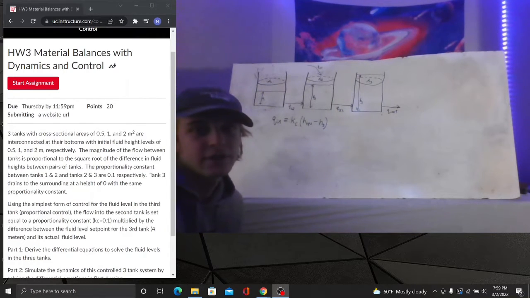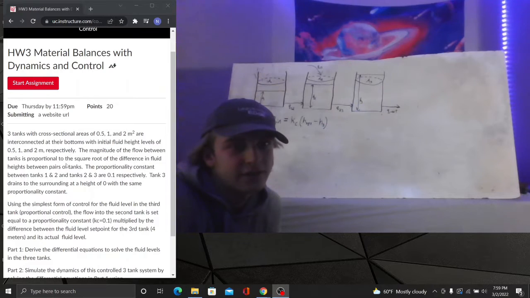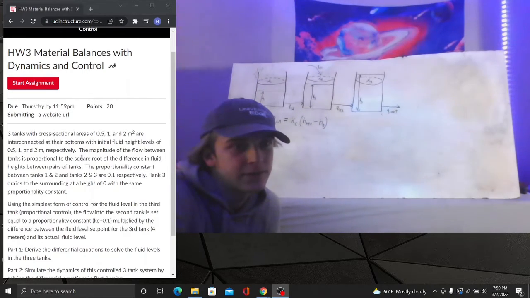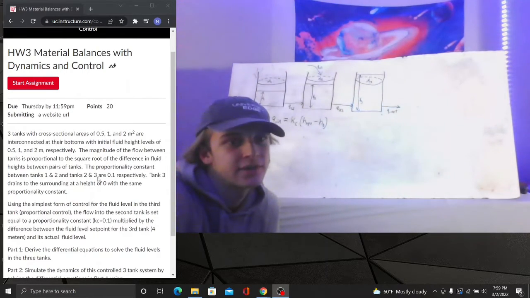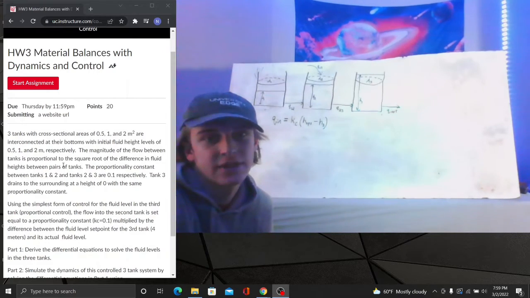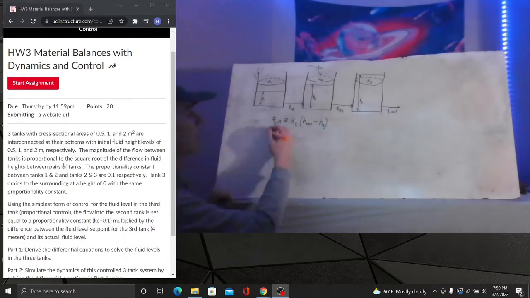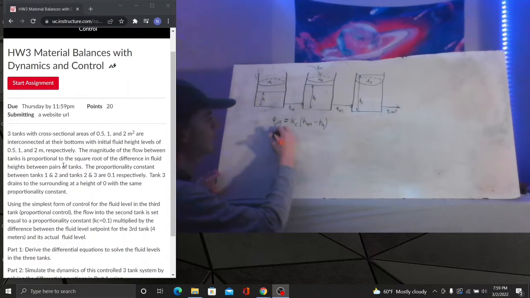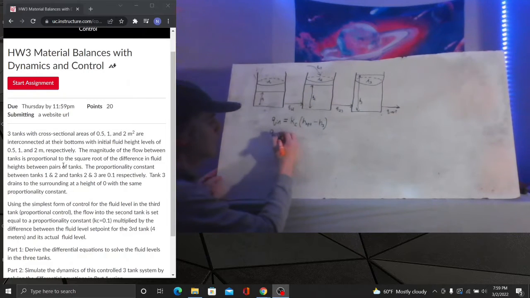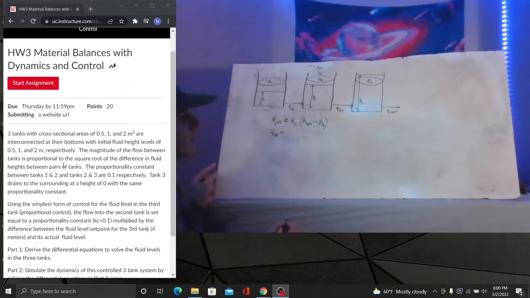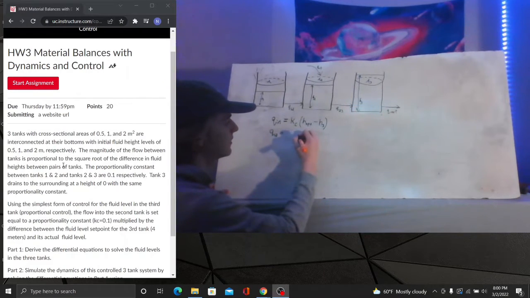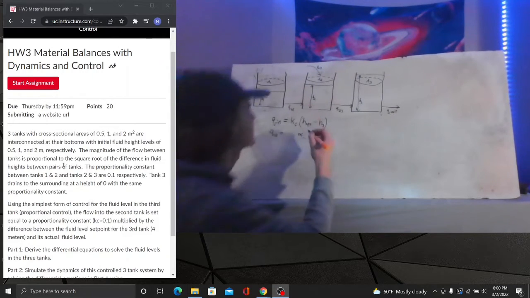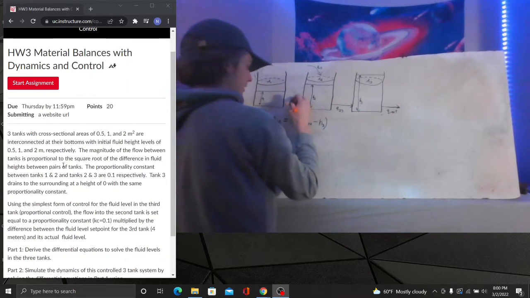So in the problem here, it does state that the magnitude of the flow between the tanks is proportional to the square root of the difference in fluid heights between pairs of tanks. So for Q12, that will equal the proportionality constant, which is going to be alpha for each of these. So I'm just going to label that here.